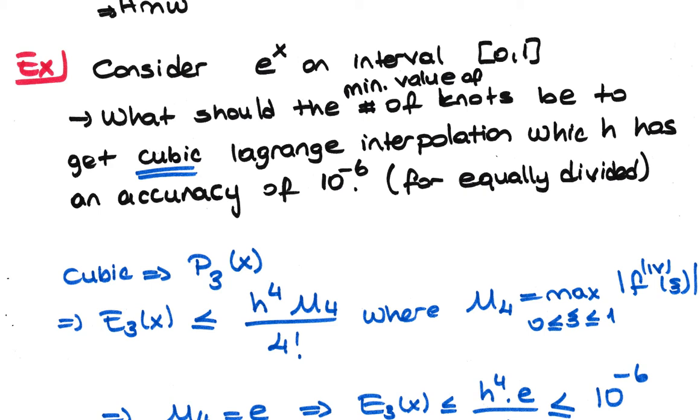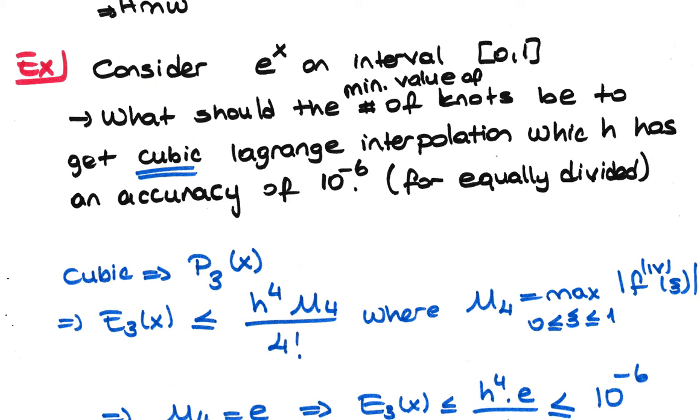At most, I'm getting an n degree polynomial, okay? So when you have n plus 1 points, it gives you at most an n degree polynomial. That's all. So you need to know these concepts. Okay, now we continue with exercise 2.